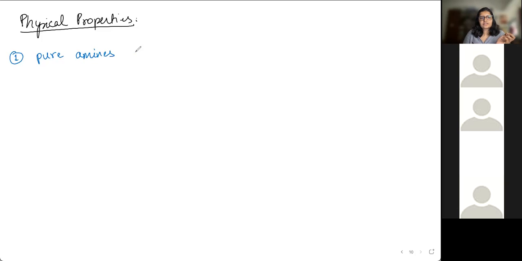Pure amines should be colorless, but if you leave them out, atmospheric oxidation, by air, carbon dioxide and other gases in the atmosphere, gives them some color.